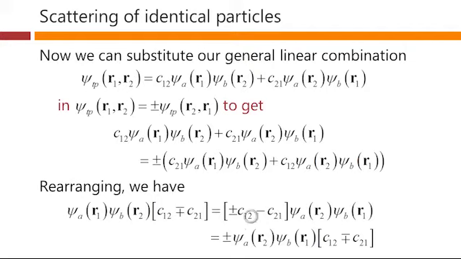And we can rewrite this by a simple manipulation. We can just pull this out the front, and by putting a plus or minus in here, we can get C12 minus or plus C21. So when we have the plus sign here, we have the minus sign in here, and when we have the minus sign in here, we have the plus sign in there.